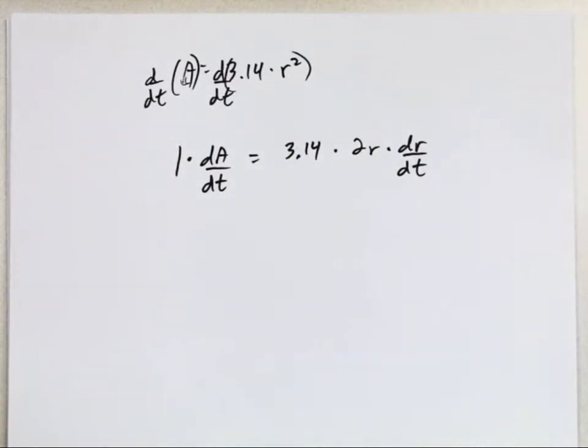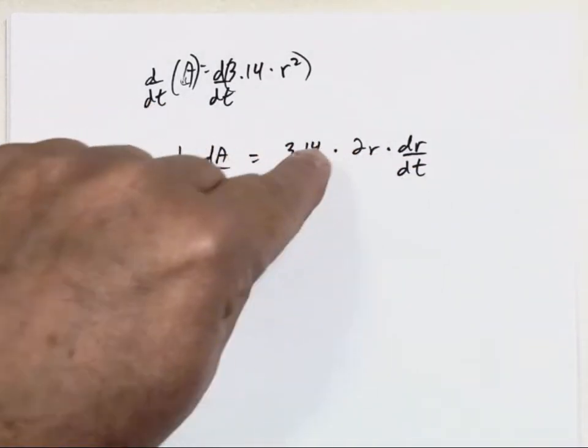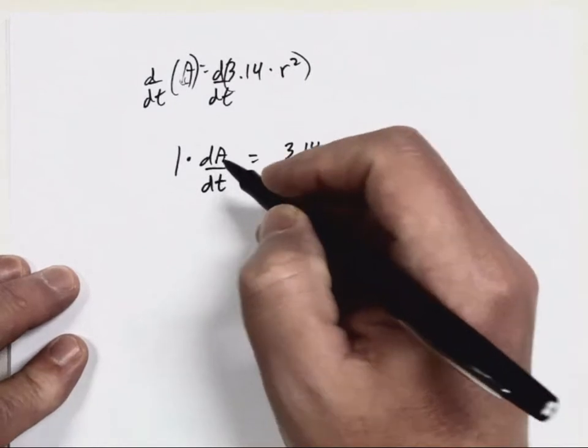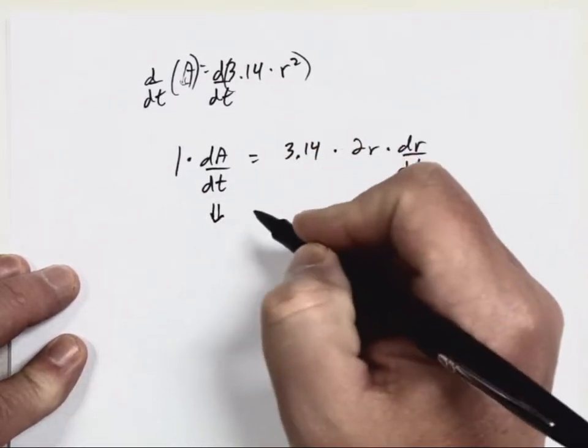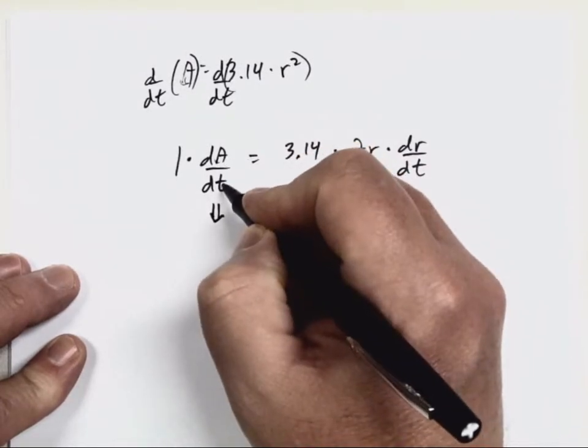Now at this point is where you're able to go back and look at your problem. I would not even try to move things around and solve this equation, because most of these variables end up being replaced by numbers. So for instance, let's look at what we have here. What is dA/dt? In words, if you look at the top, the area, and on the bottom is time.